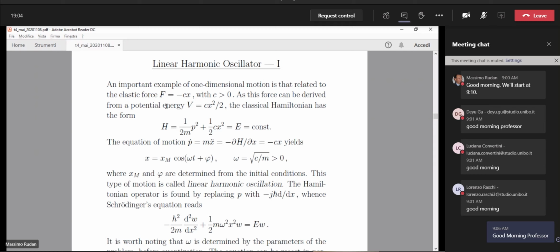The total energy is, of course, a constant because we have a potential energy.